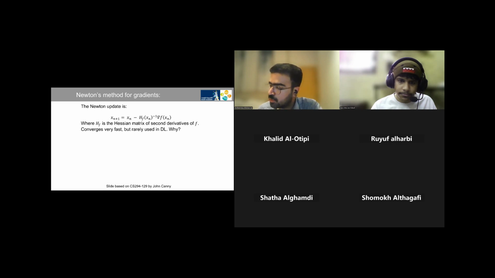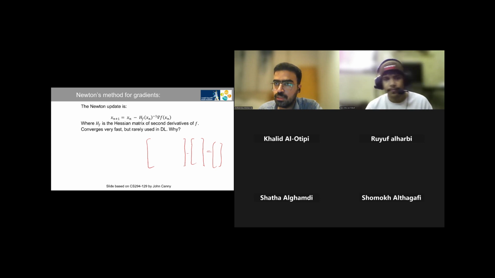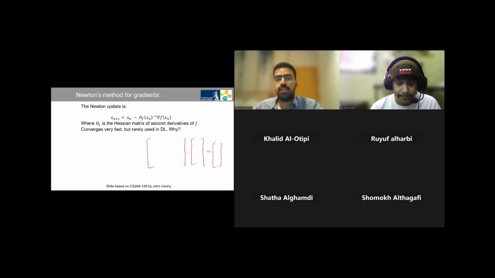Okay, so if this is our list of parameters, right? Vector of parameters. Okay, and as you correctly pointed out, Hessian would be a matrix. Okay? So if you multiply both of these things, you would still get a vector out of it, right? Yes. Okay. All right.